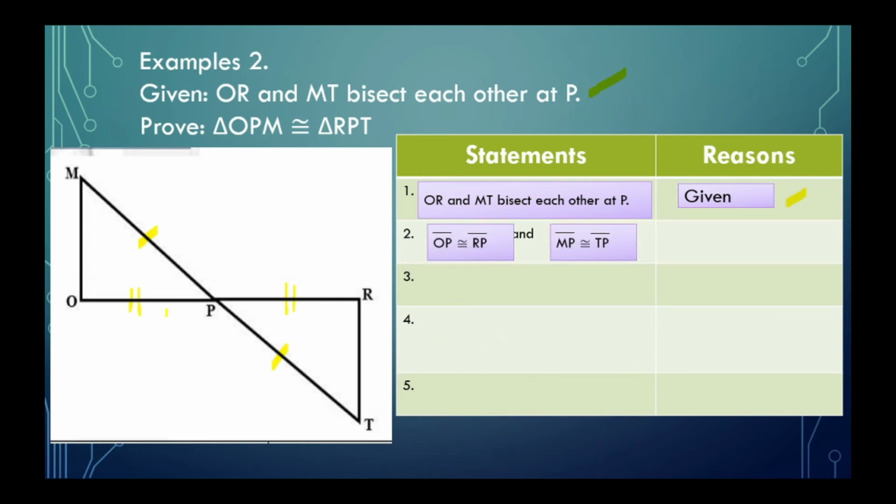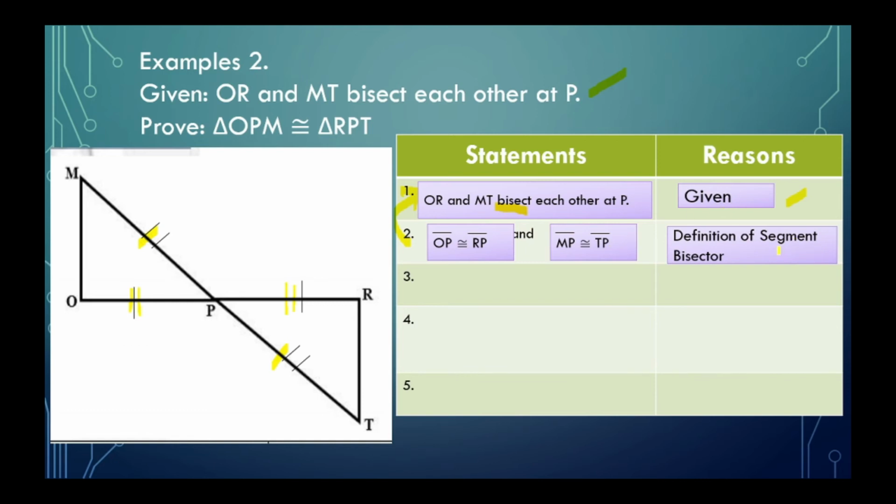Ayan. OP is congruent to PR or RP, and MP is congruent to PT or TP. Why? Bakit naging congruent yung mga parts na yon? Sabi nga kasi sa statement number 1, balikan natin, si OR daw at sa MT ay naghatian. They bisect each other. So that is the reason.